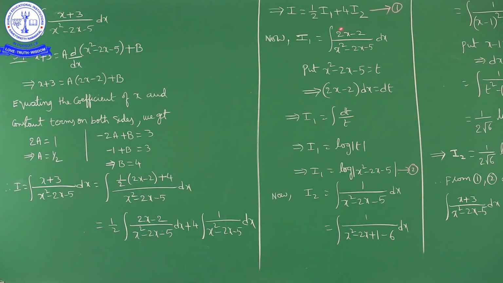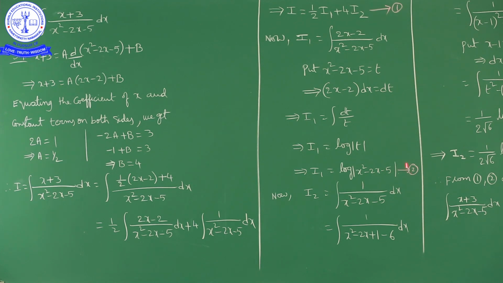So the entire numerator becomes dt, the denominator is t, integral of 1 by t dt. Integration of 1 by t dt is log mod t. What is t? X square minus 2x minus 5. So I1 is equal to log mod x square minus 2x minus 5. Now mark this one as 2.